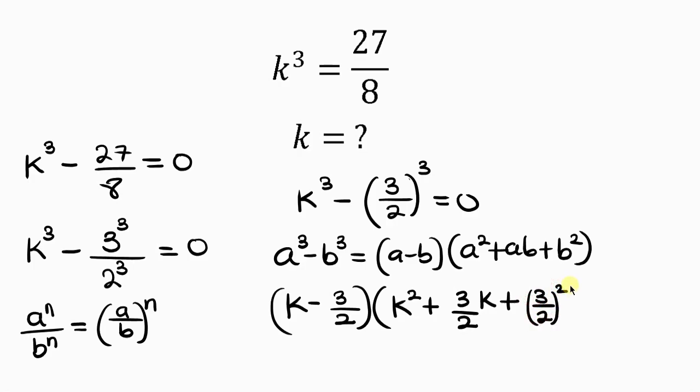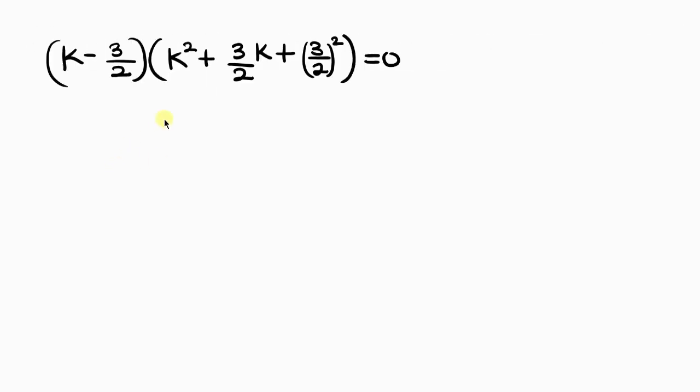Very good. So let's close the final bracket, and this is equal to 0. So we have been able to express this in this form to get this. Now let's simplify what we have inside of this bracket.